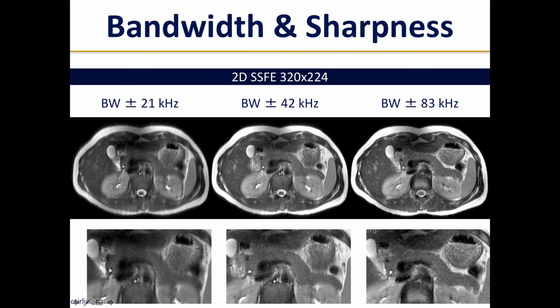Notice that the pancreas looks blurry here. Notice that the pancreas looks sharp here. Everything else on these images is exactly the same. So sometimes, as a trade-off, you decide, I'd rather have lower signal to noise, but I want more sharpness, rather than having higher signal to noise and more blurriness.